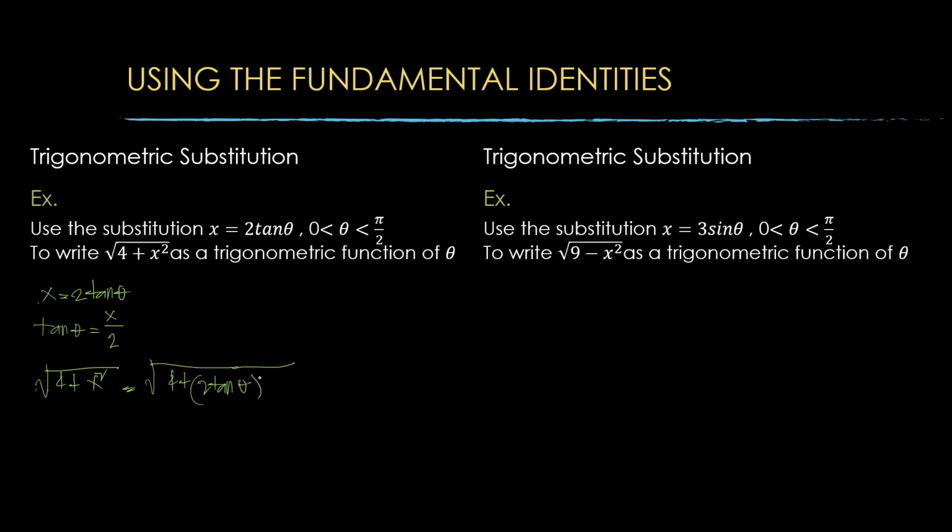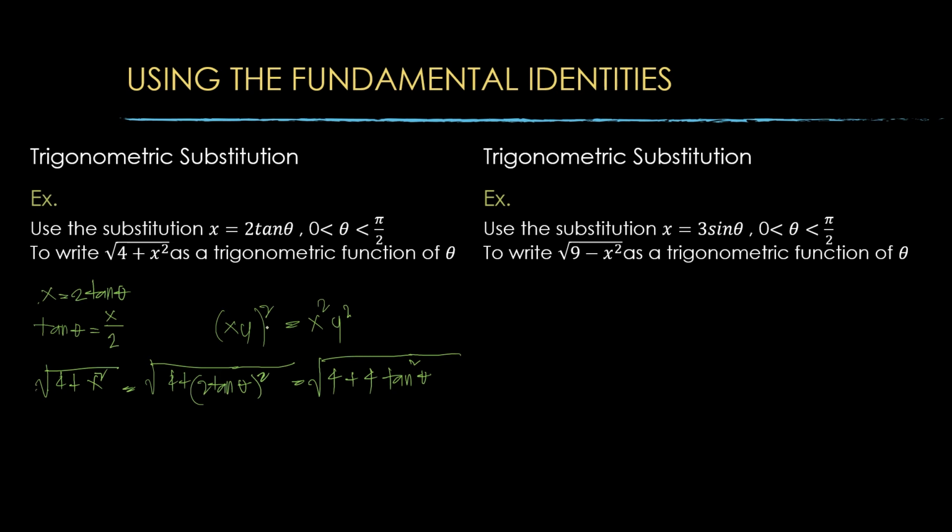The squared should be put in here. Simplifying, I have 4 plus 2 squared, that is 4, tangent theta squared. It's similar to your algebra, x y squared becomes x squared y squared. I squared the 2 and the tangent theta.